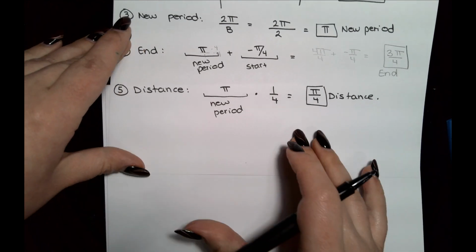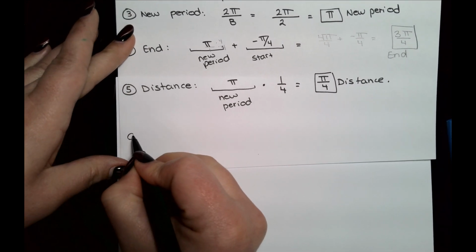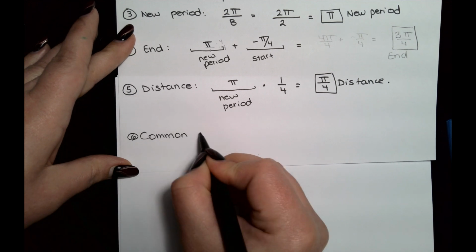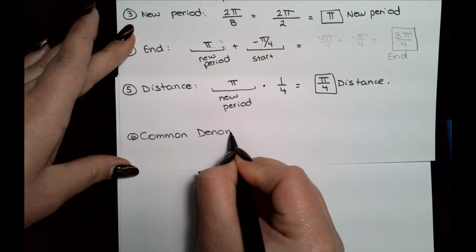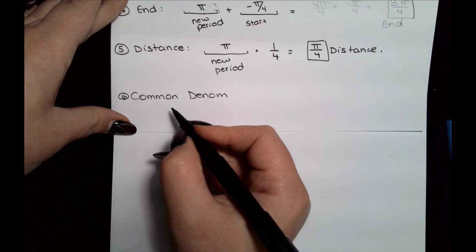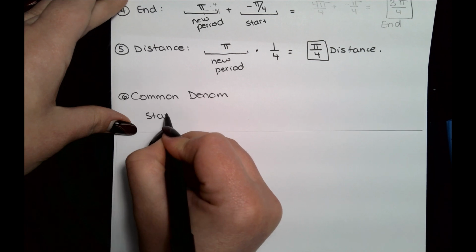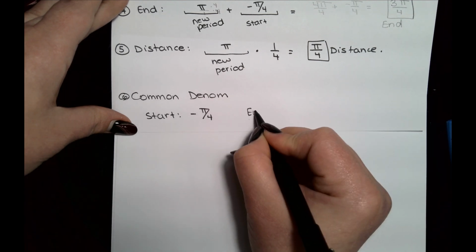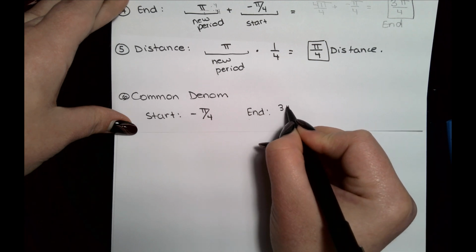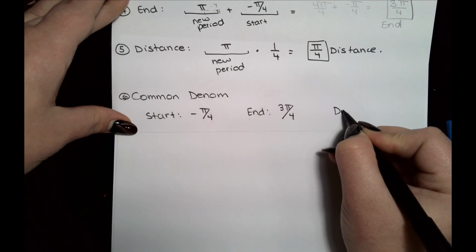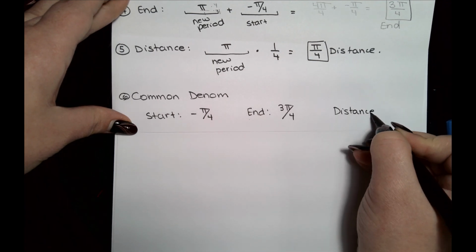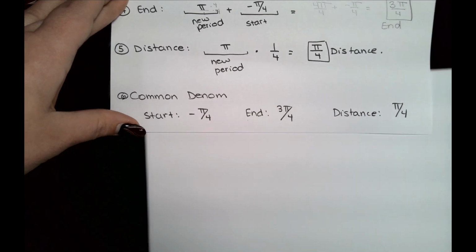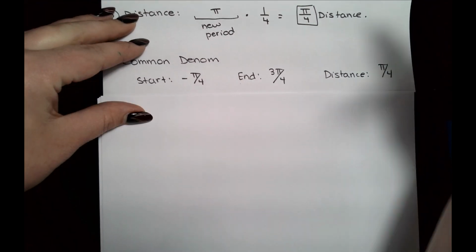Do I have space? Yes, I do have space. And again, for common denominators, we check our start, which was at -pi fourths, our end, which is at 3 pi fourths, and our distance, which is at pi fourths. Everything has common denominators, so I don't need to create anything.